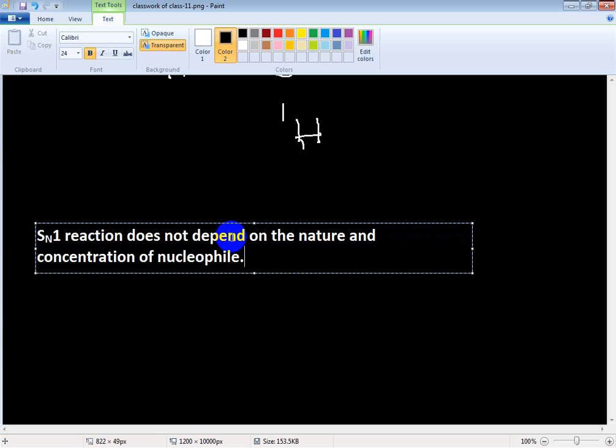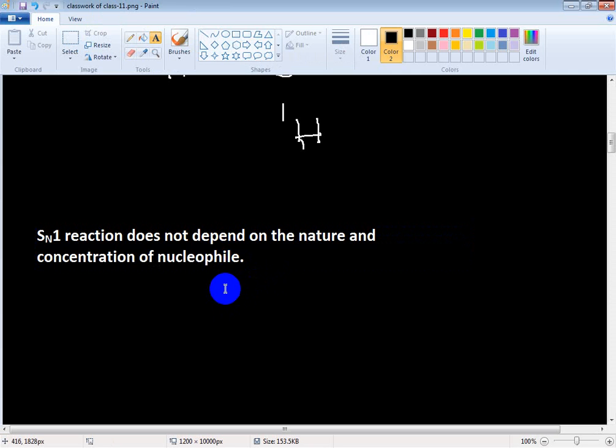Okay, this is a point I have given: SN1 reaction does not depend on the nature and concentration of nucleophile.